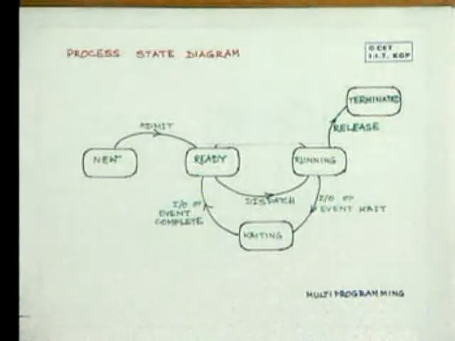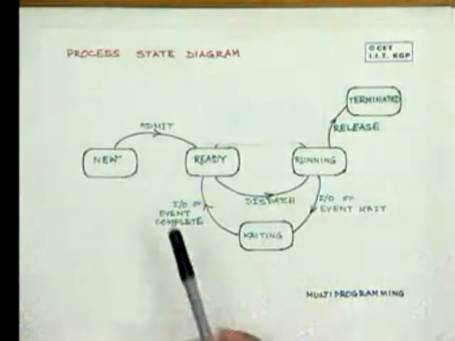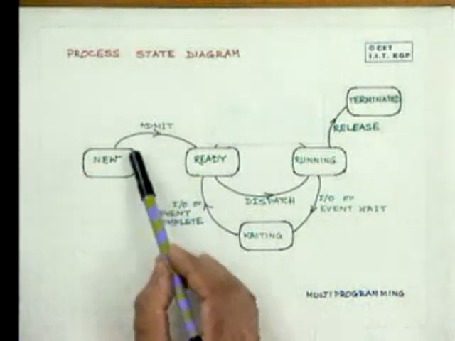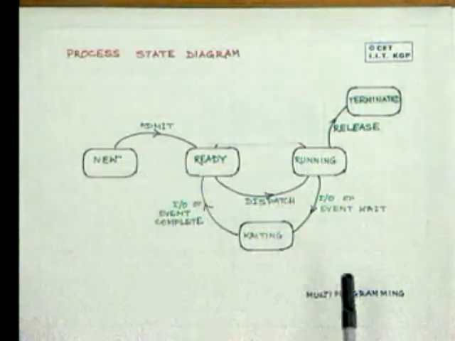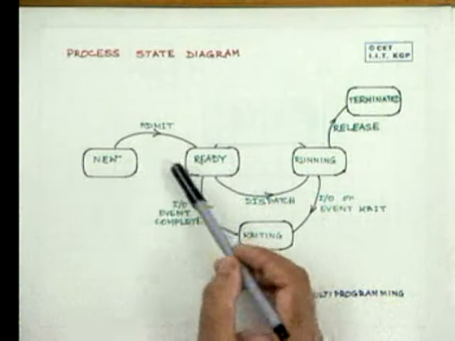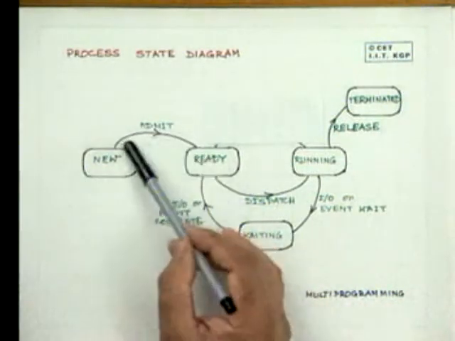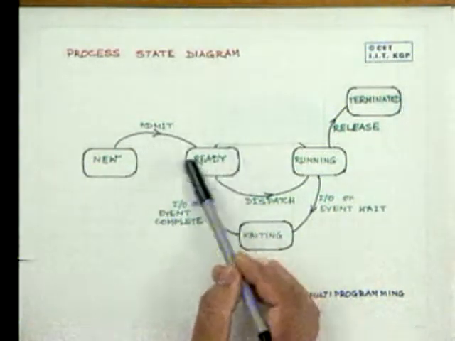I am repeating the diagram here. If you have a single job which has been submitted to the system, then firstly the operating system will admit that job, and it will be in the ready state.